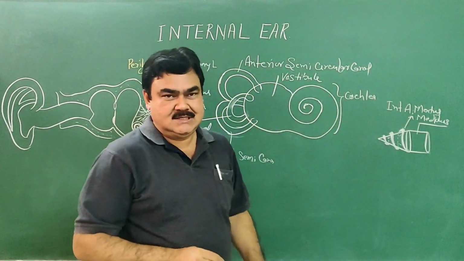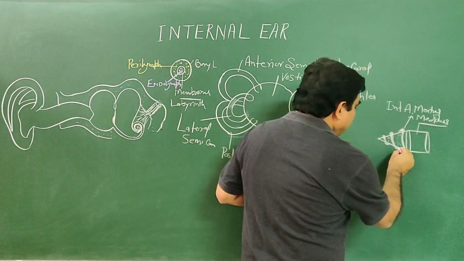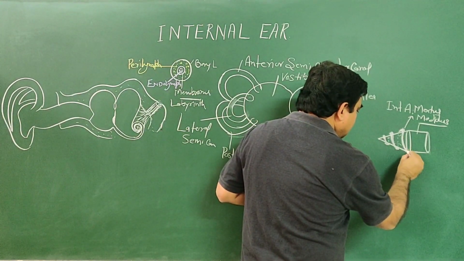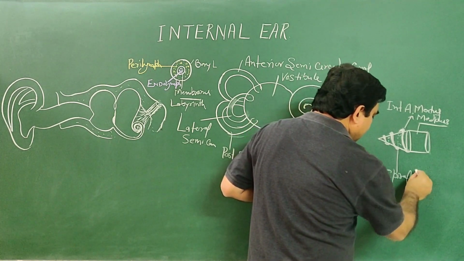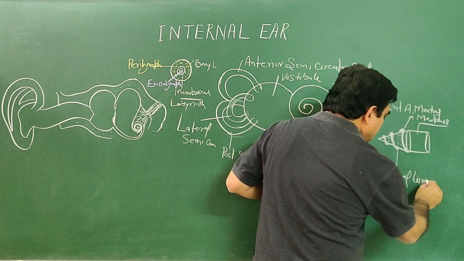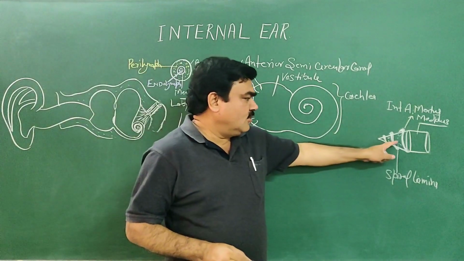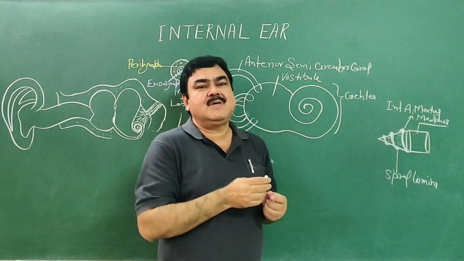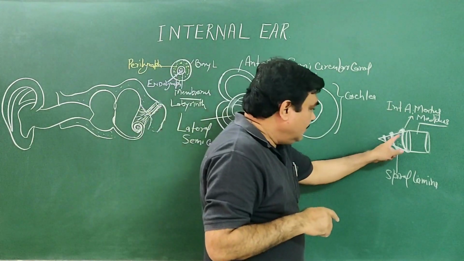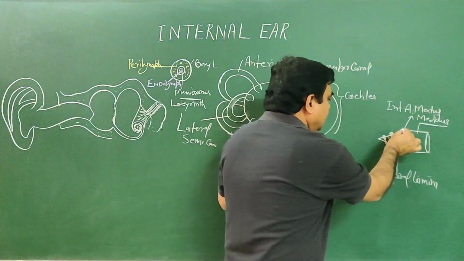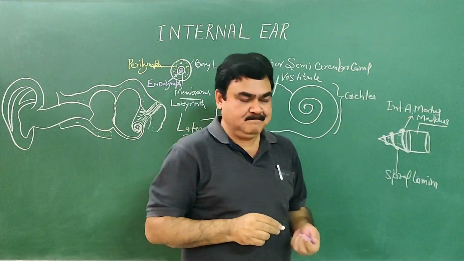These are bony projections, and this bony projection is known as the spiral lamina. So this is the modiolus, and on its surface there is a spiral thread-like projection known as the spiral lamina.